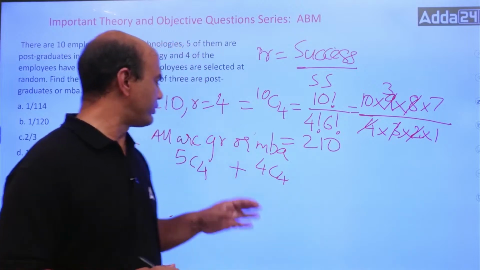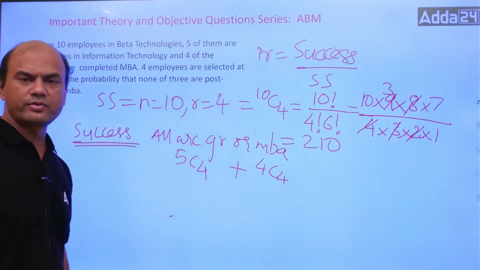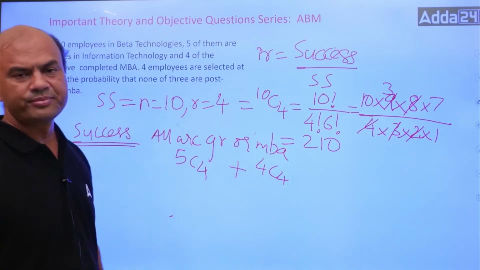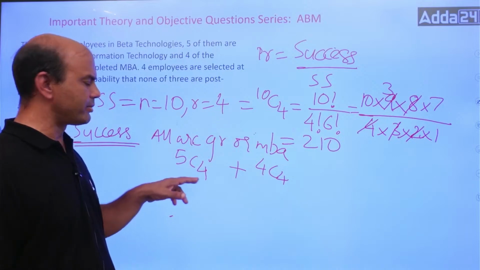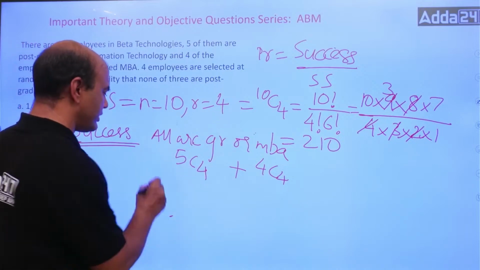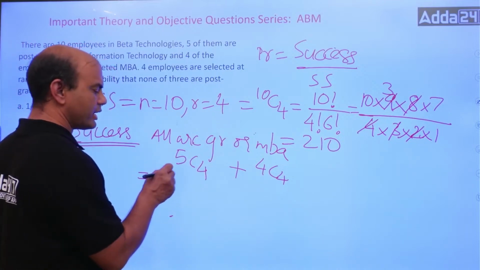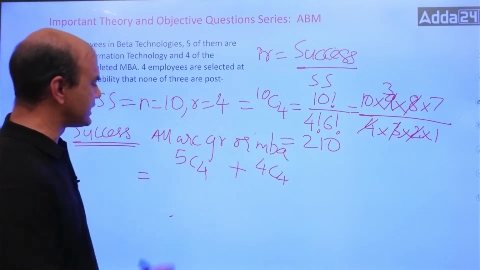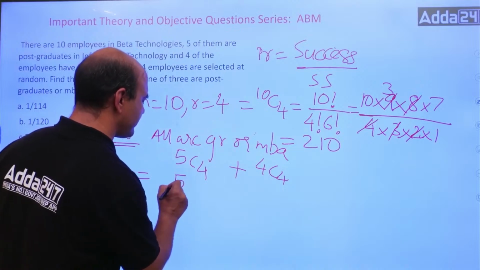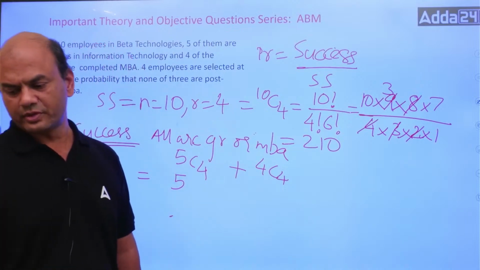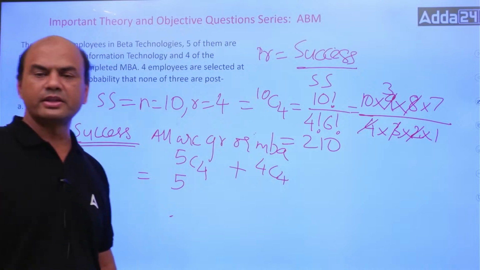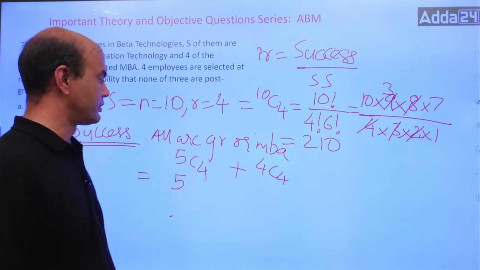Okay, so find this. 5C4. What is 5C4? Just as simple as the earlier one. When you have just one number left, it will be 5 factorial divided by 4 factorial into 1 factorial. So this answer will be simply 5. What is the next one? 4C4.